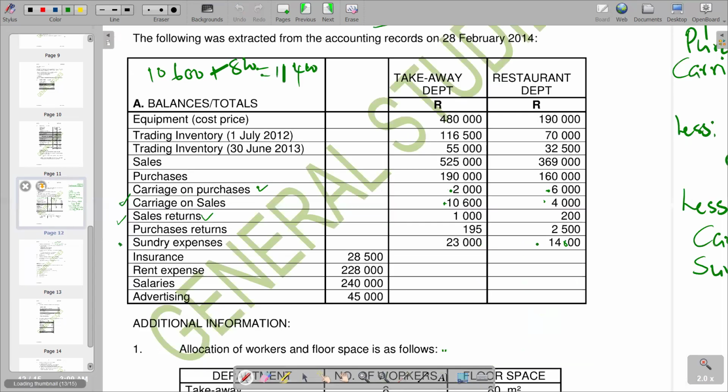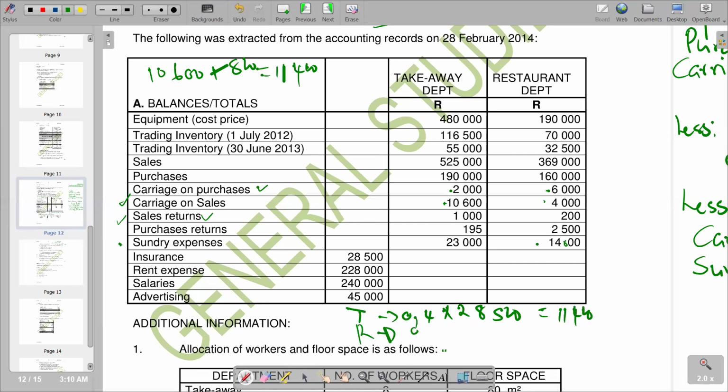Go back to our question and see that our insurance is 28,500. For takeaway, remember it's 0.4, so 0.4 times 28,500. Calculate to see what we get. We're going to get 11,400.